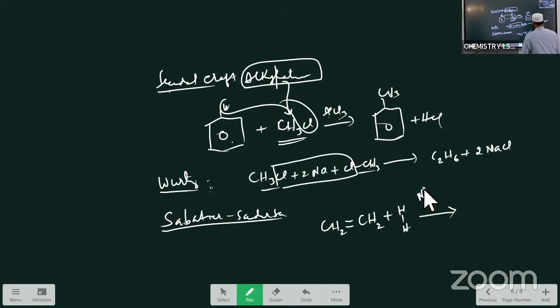When ethylene reacts with H2 in the presence of the nickel catalyst, see, one bond breaks, and one hydrogen adds here and one hydrogen adds here. CH3-CH3 is formed, an alkane is formed, here it is ethane. So this reaction is called the Sabatier-Sanderson reduction. When ethylene reacts with H2 in the presence of nickel, ethane is formed. It is a reduction called the Sabatier-Sanderson reduction.